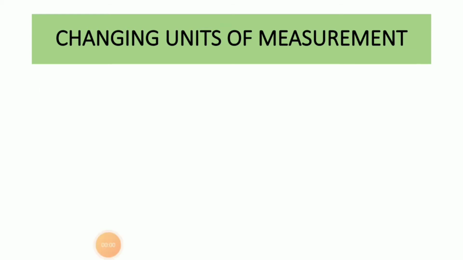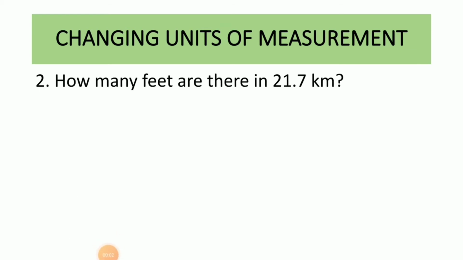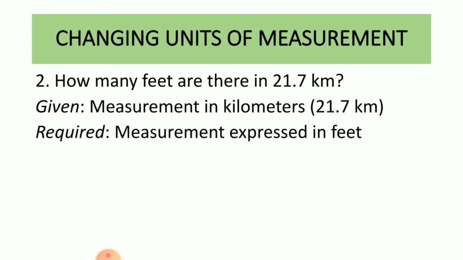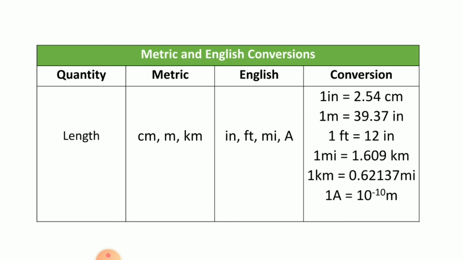Example 2. How many feet are there in 21.7 kilometers? For the given, measurement in kilometers, which is 21.7 kilometers. Then for the required, measurement expressed in feet. So we will convert kilometers to feet. For the solution, first, we need to look for the metric and English conversion.